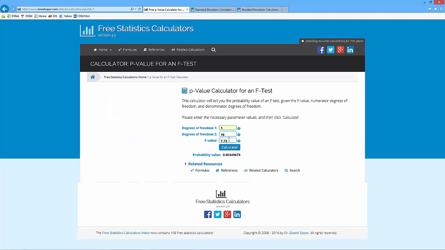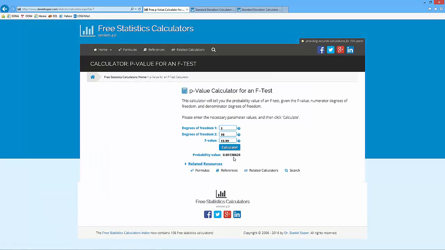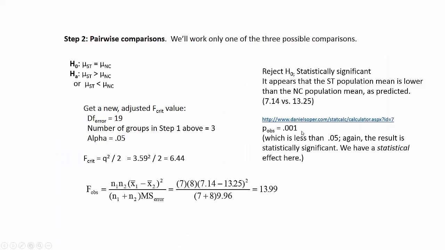So we put in our 1 and 19 degrees of freedom, and then 13.99, calculate, and that gives us .00138. We'll just make it .001. So you can see that here, P observed is .001. Again, that's less than .05, just meaning that we've rejected the null hypothesis. Another way of making that conclusion is comparing P obs to P crit.